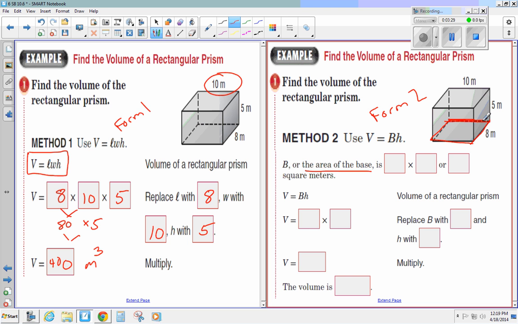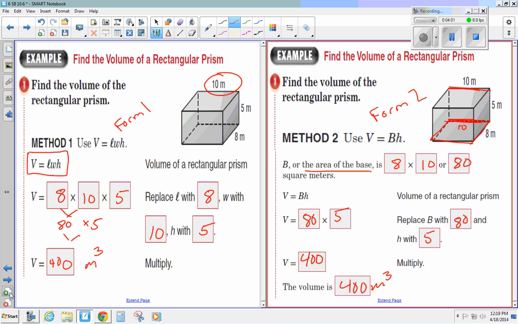And this side right here is congruent to this side up here. So it's 10. The area of the base is 8 times 10, or 80. Now, since B, the area of the base, is 80, and H is 5, we do 80 times 5, which still gives me 400. So the volume is 400 cubic meters.